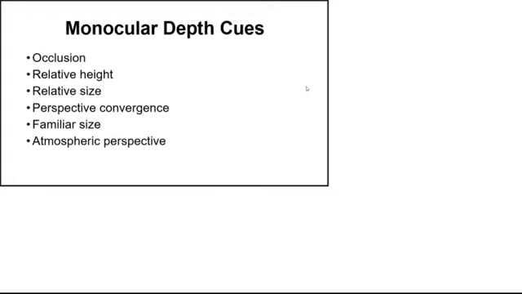We also have this idea of relative height and relative size, which are very closely related. But this is okay, so you're looking at two cars, and one of them looks a lot bigger or taller than the other. Well, cars tend to be about the same size, more or less, so the one that looks bigger or taller is probably closer to you than the one that looks smaller or shorter. Same with people.